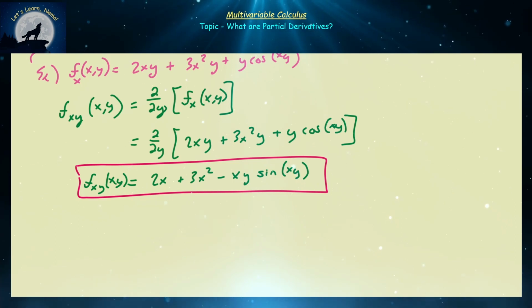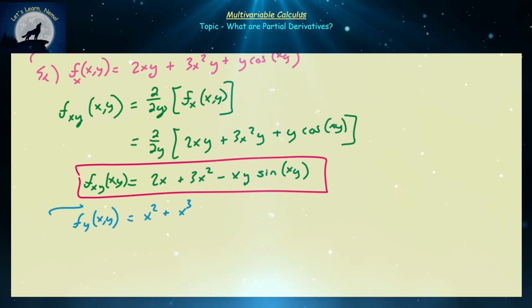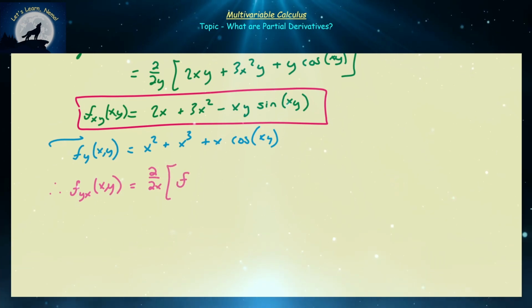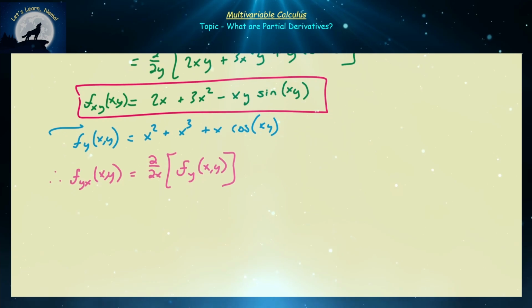Now what about the other direction? If we look at f_y first, remember f_y came out to x² + x³ + x times the cos(xy). f_yx will be equal to the partial derivative with respect to x of f_y(x,y).